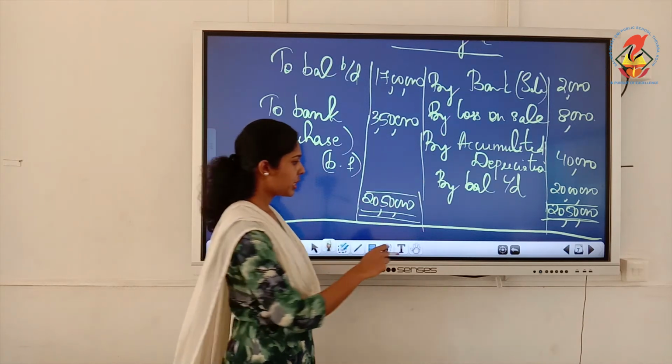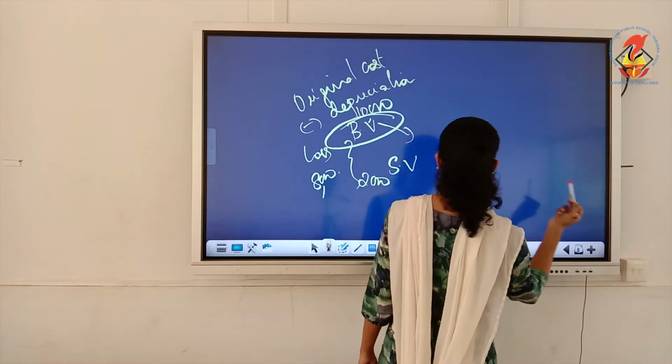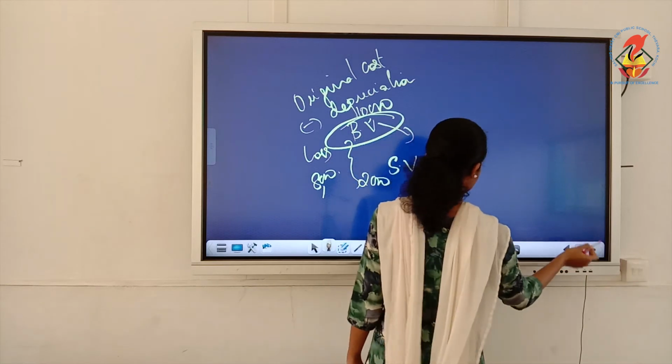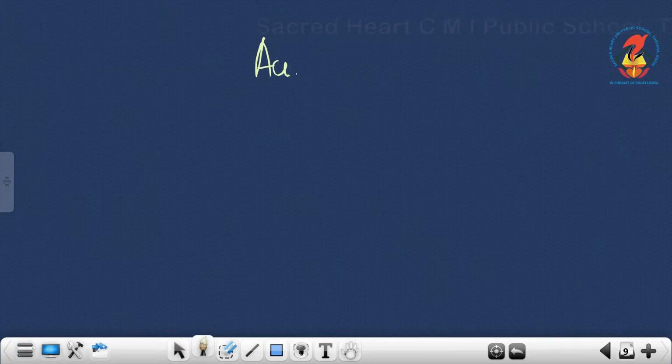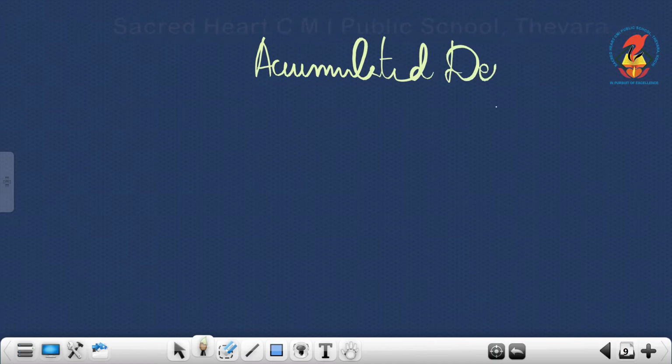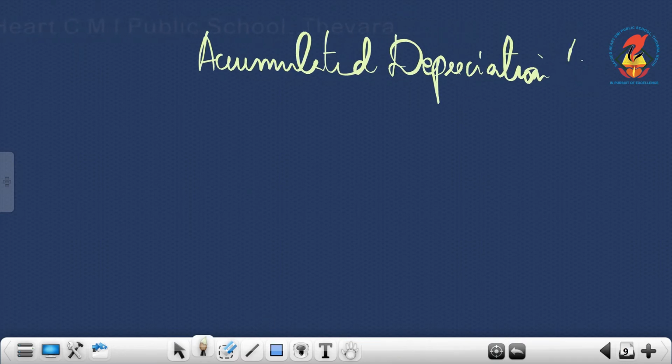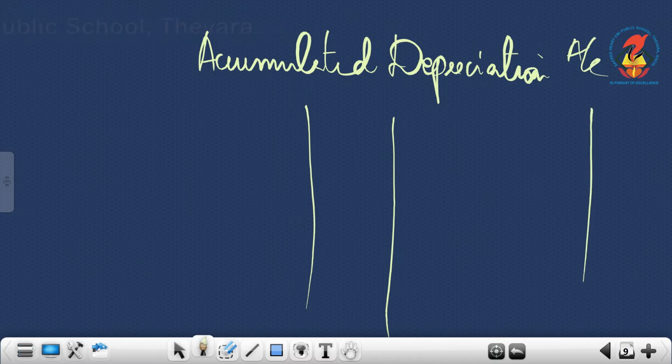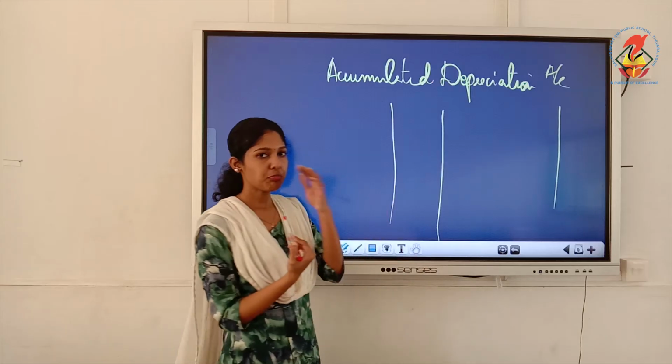Next we have to do the accumulated depreciation account. Again the same format, particulars, amount, particulars, amount. We have to start with the opening balance.